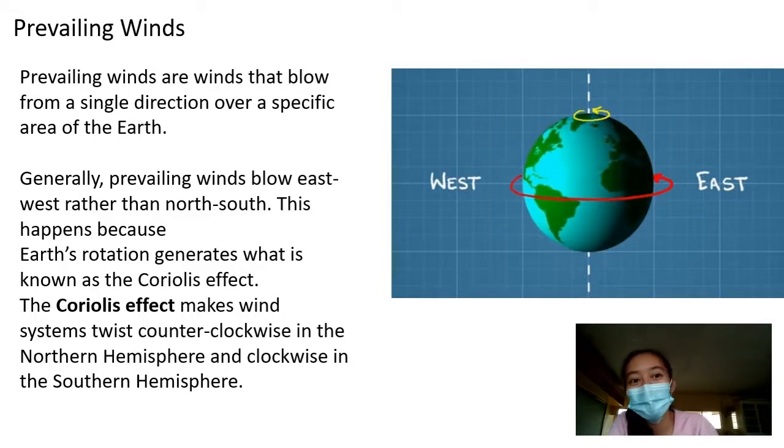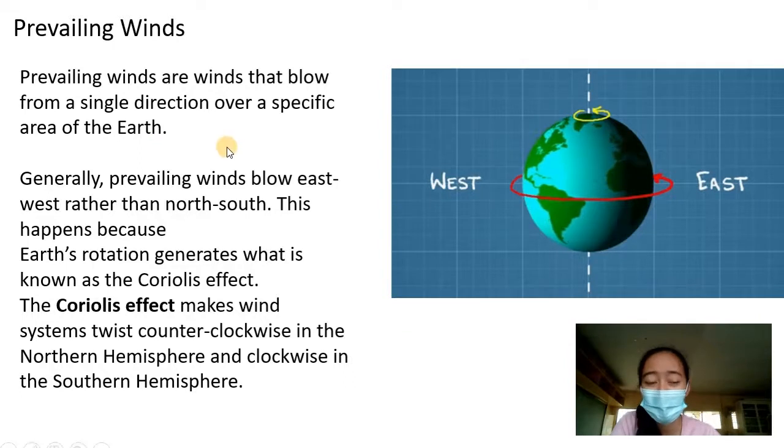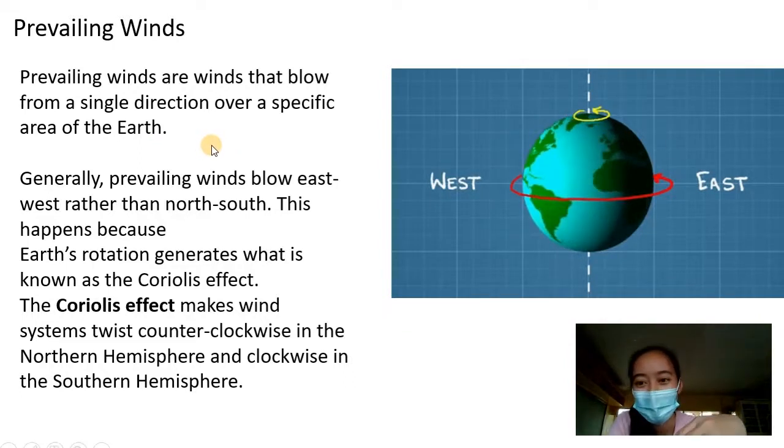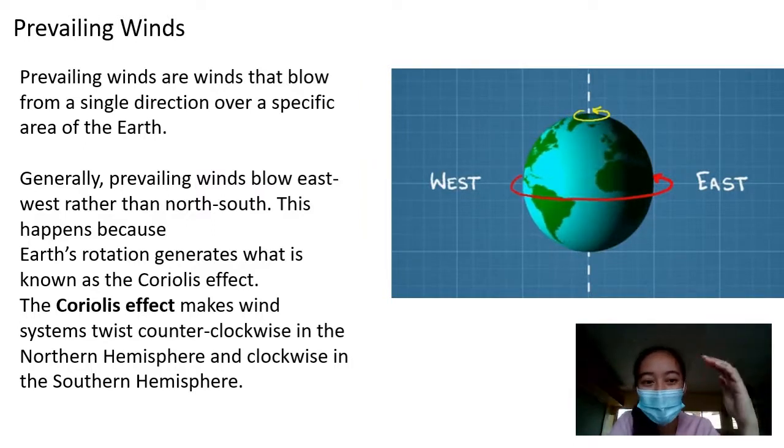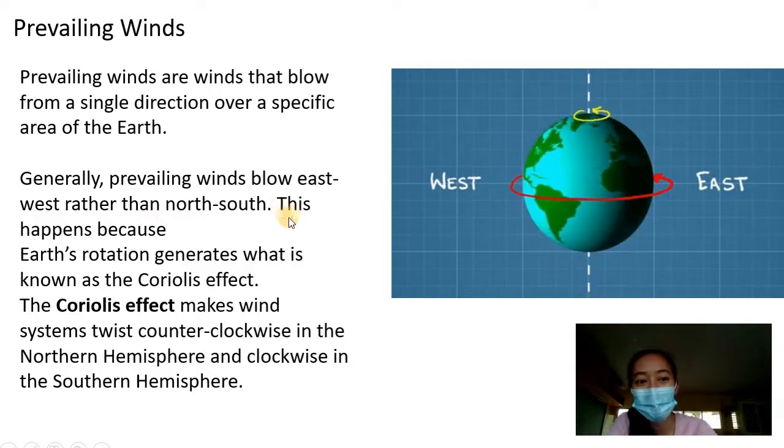So prevailing winds are those winds that blow from a single direction over a specific area on the earth. So it is also not general nga ang wind sa upper nga hemisphere kay naay direction sa ubos pud lahi. So lain depending sa region niya, lahi ang iyang direction sa wind. Prevailing winds blow east to west rather than north to south.